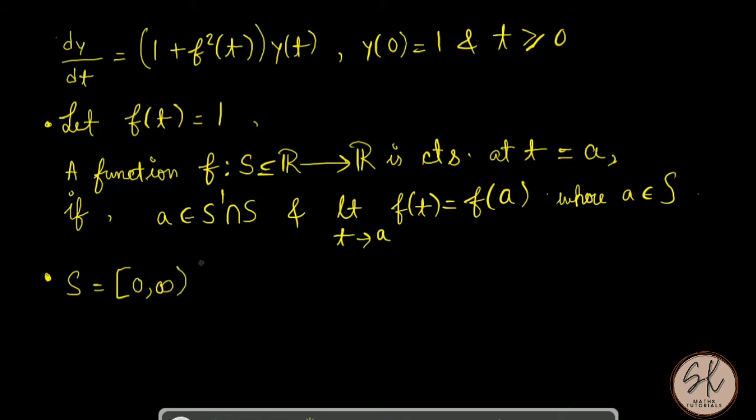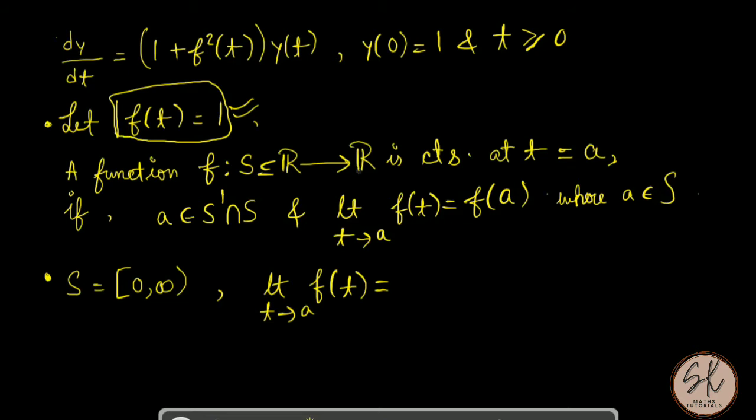Now if we take any point from this S, then limit t tends to a, f of t will be equal to 1, because our function is only f of t is equal to 1.